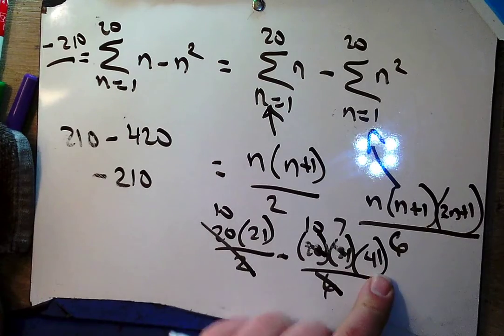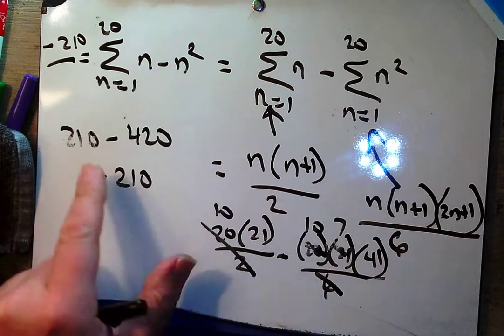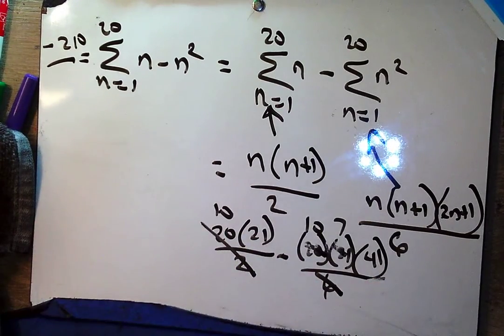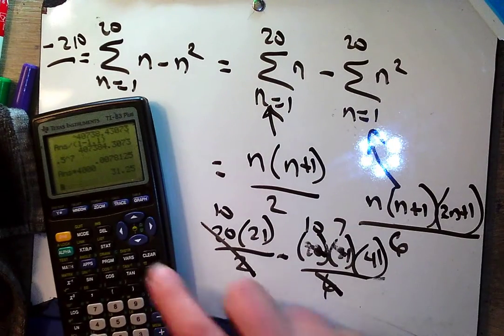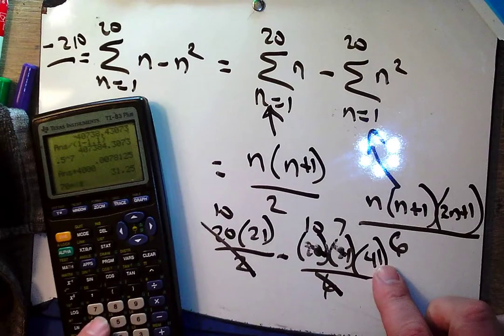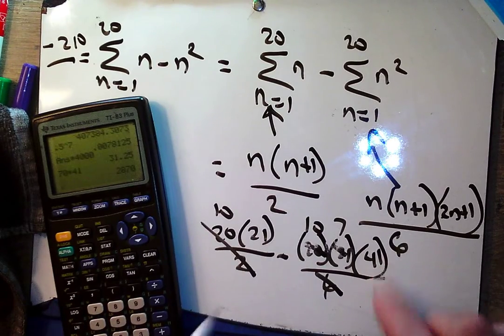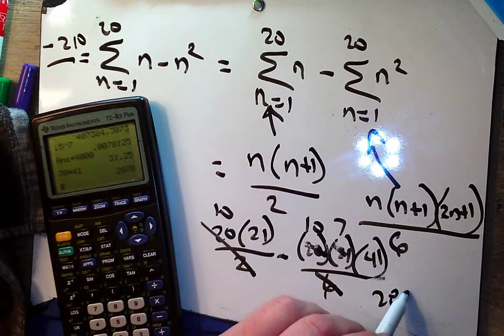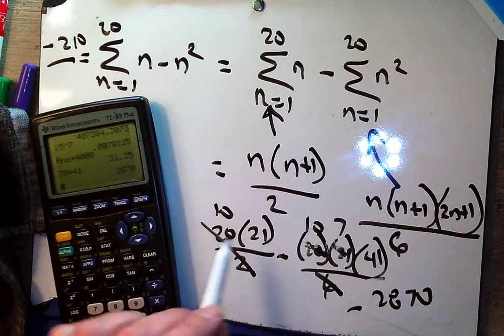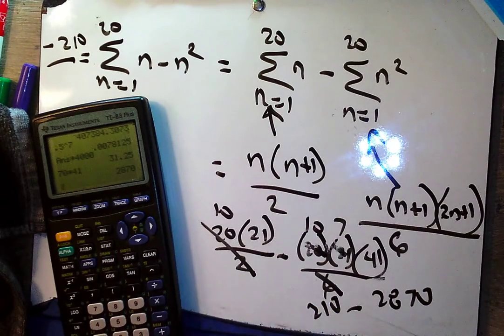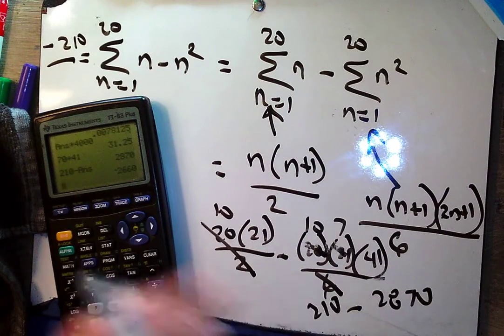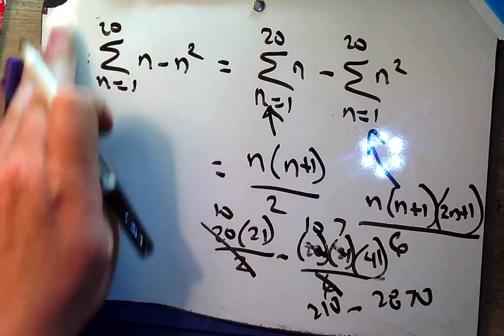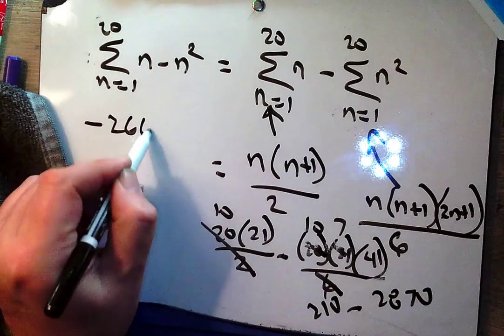Yeah, something went wrong there. Hold on, let me actually calculate that. Okay, I'm good with the 70 times 41. 2870. And this is still 210. So 210 minus that 2870, and I get not that number, but negative 2660.